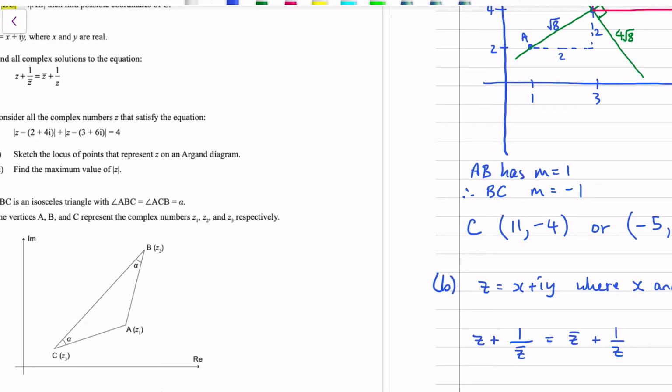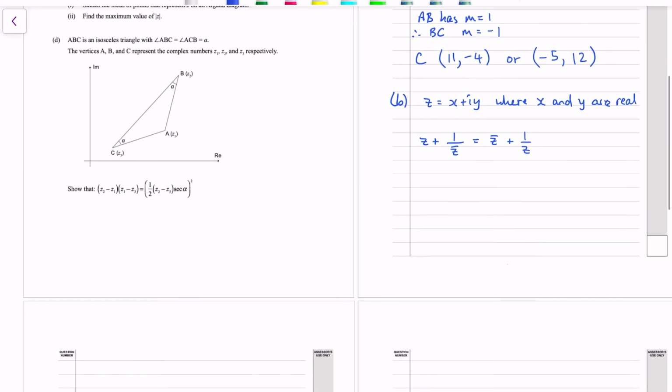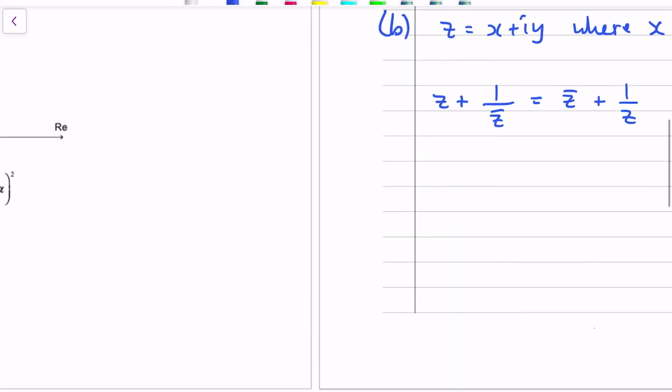Now there's a quick way to solving this problem actually. So I'll do that, and then also, if you didn't notice it, there's another way.